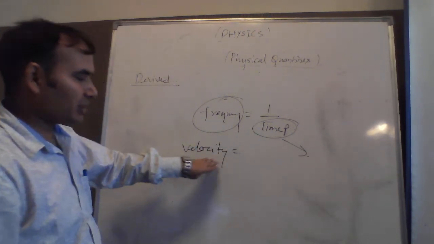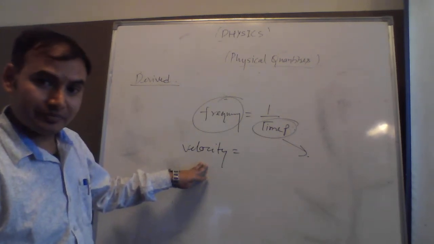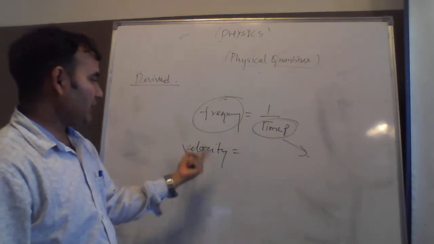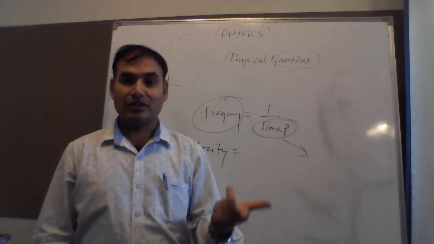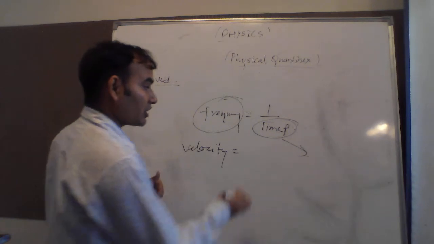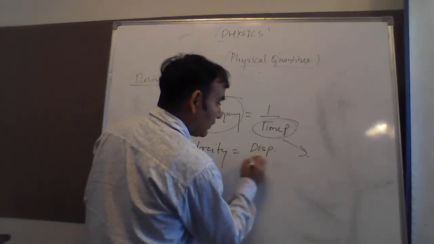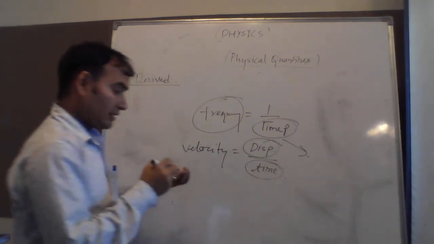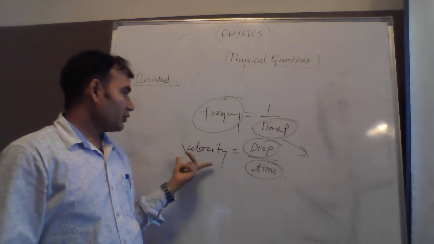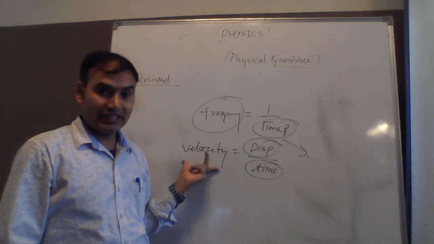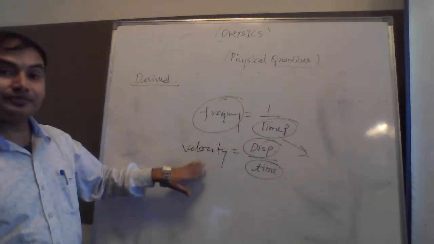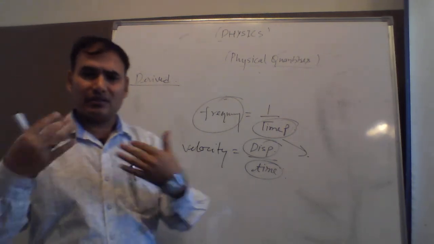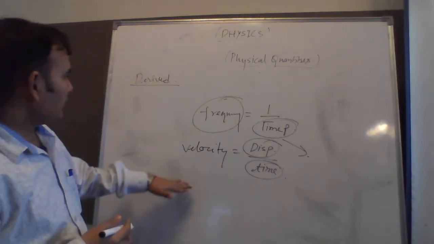Can you explain velocity without the help of distance and time, or displacement on time? No, you can't. No one can explain velocity without the help of displacement and time. That means it depends on displacement and also on time. So these two quantities are required to represent velocity. That's why velocity is also a derived quantity. You'll understand it further as the need arises.